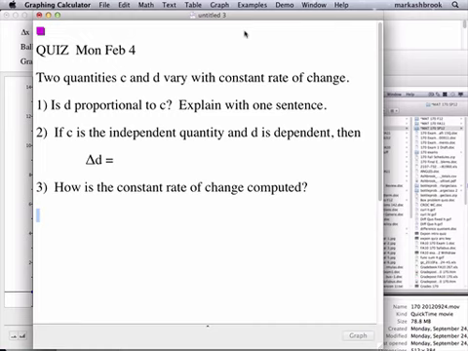You said change in D is proportional to change in C. Changes are proportional, right? So D and C aren't proportional. The change in D is proportional to the change in C. Okay? So if C is independent and D is dependent, then changes in D are calculated how?